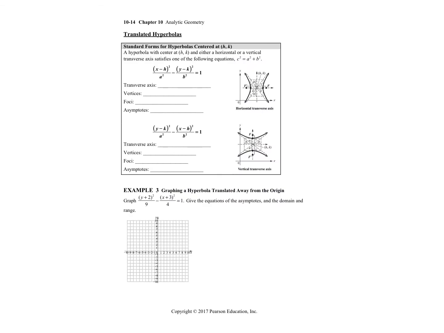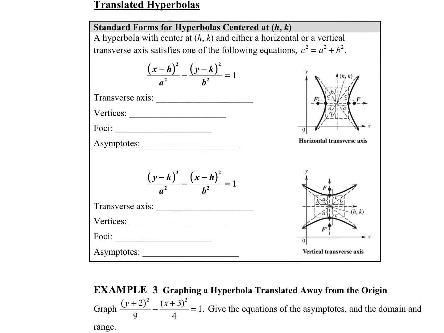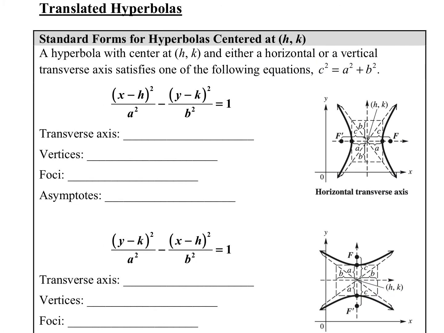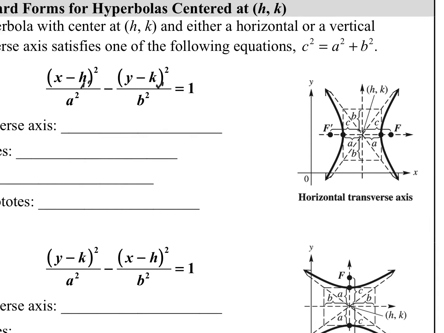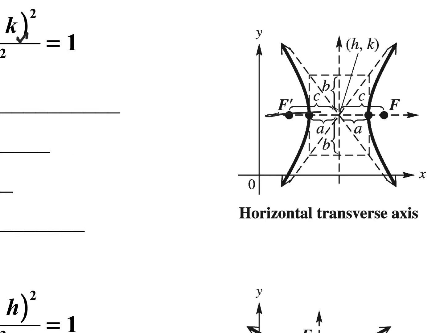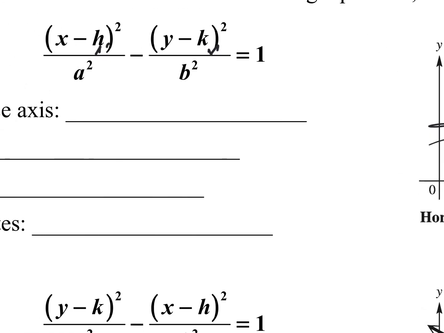Next one. Okay, fine. We're going to move it around. What changes? H and K again. Opposite of H, that's left and right, opposite of K, up and down. The transverse axis, okay, let me get the definition right. Transverse axis is horizontal. Interesting.